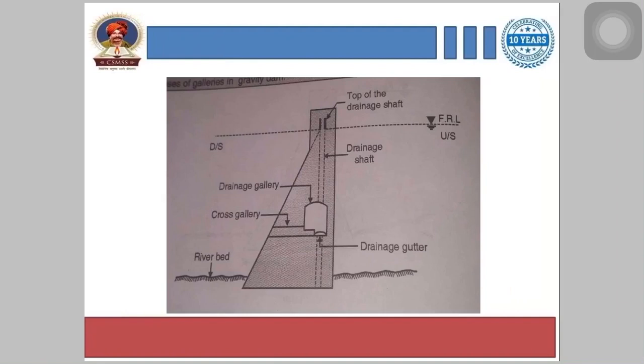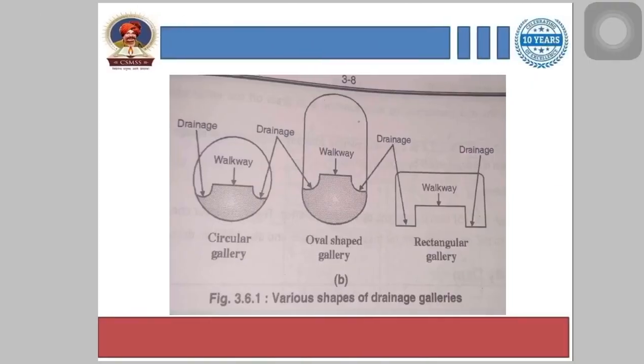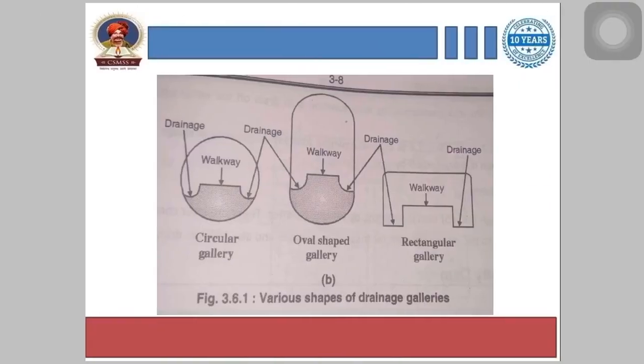This is the diagram for the cross gallery, and the drainage gallery is provided in the gravity dam. These are the various shapes of drainage galleries: circular galleries, oval shaped galleries, and rectangular galleries.